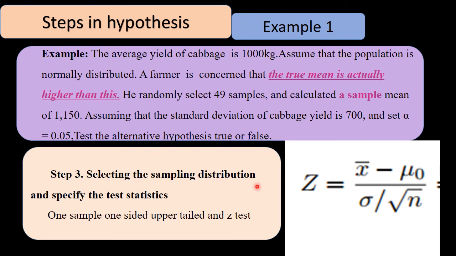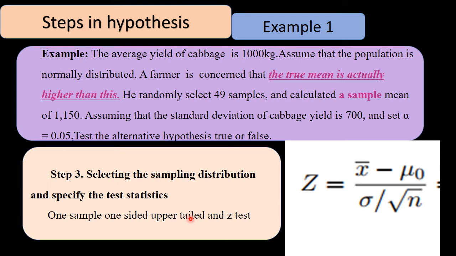Then step 3, selecting the sampling distribution and specifying the test statistic. For that we have to select which kind of test. It is checking only one sample, so we are using a one-sample test.